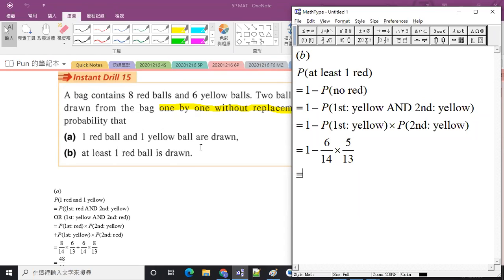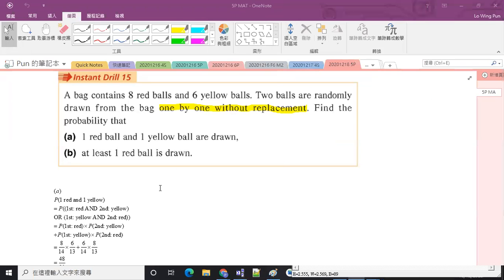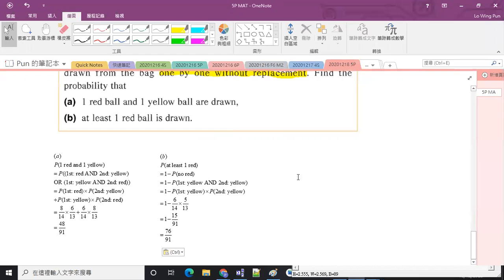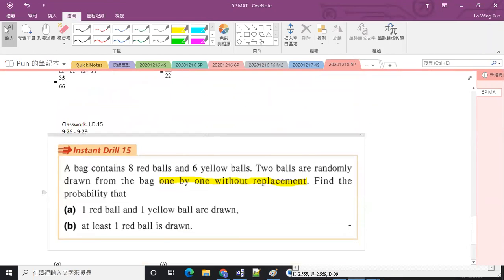So finally, it is 1 minus 15 over 91. So the final answer will be equal to 76 over 91. Am I correct? Yes. Can you get this? So this is instant drill number 15. Any problems?